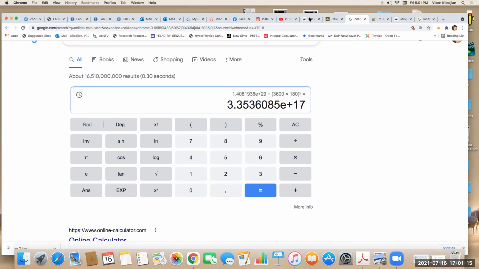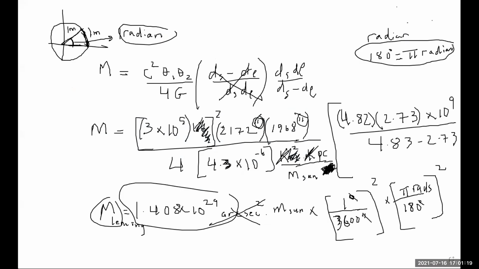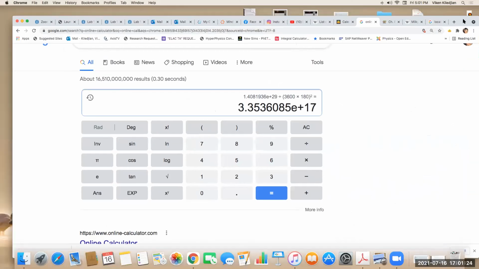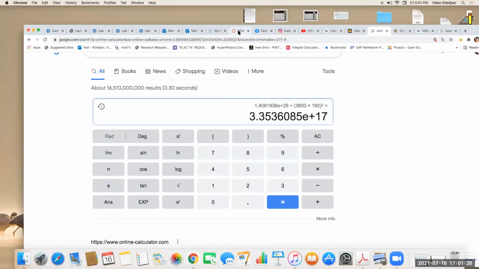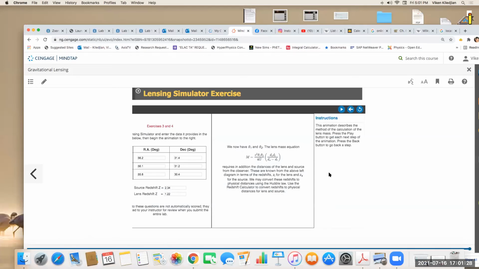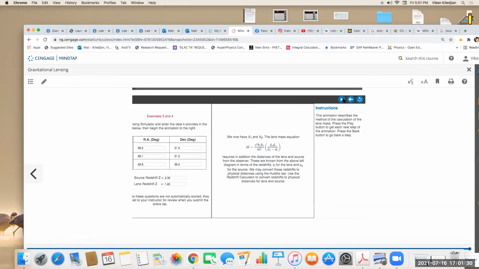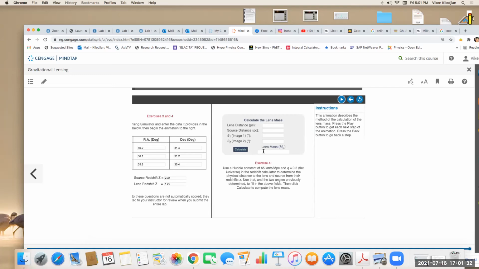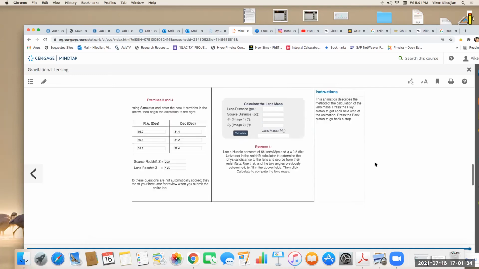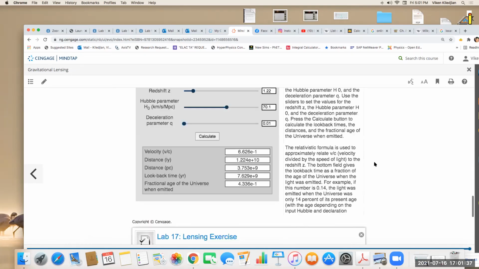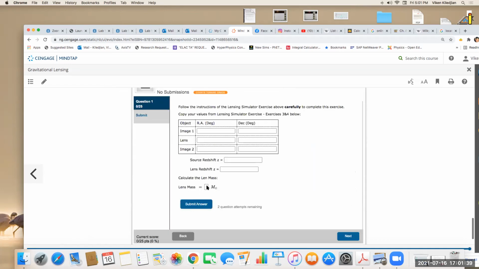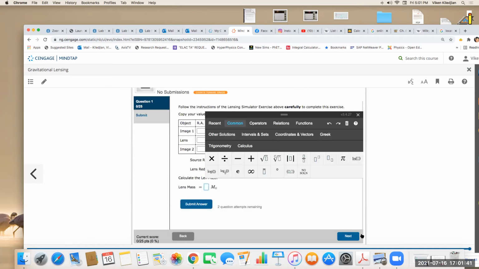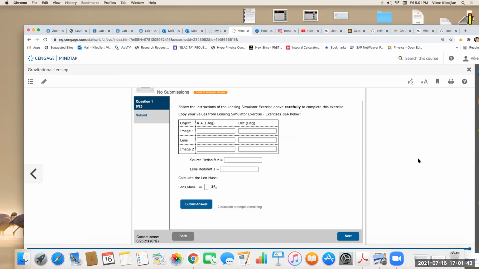And then you should get the same answer that it gave you when you plug it all in here. You see, which is also the same answer that you will put here. Then you will press submit, and then you'll take a picture of that. So a lot of good stuff to show over there.